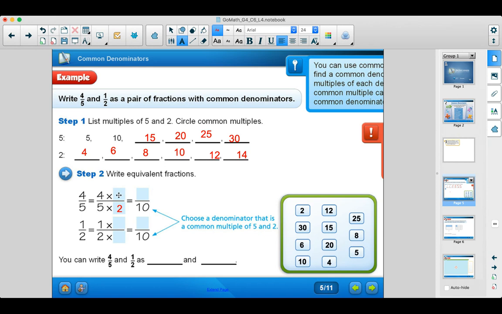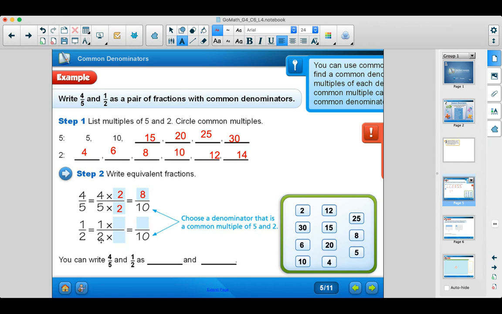So 4 times 2, because that's what we did to the denominator, equals 8. So as you can see, 4/5 is equivalent to 8/10. We're using 10 because that is a common denominator for both of these fractions.